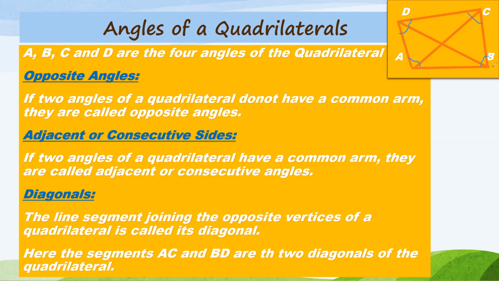Okay, so the arm is not common. Therefore, angle A and angle C are opposite angles. In the same way, according to this diagram, angle B and D are the opposite angles, right? Clear?